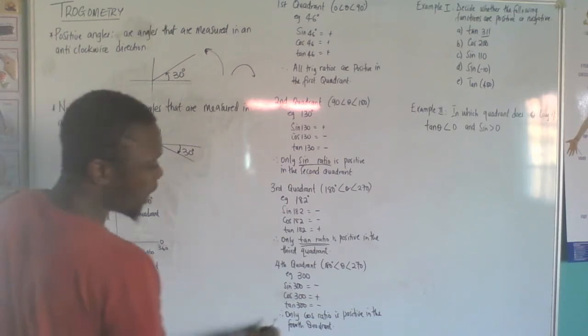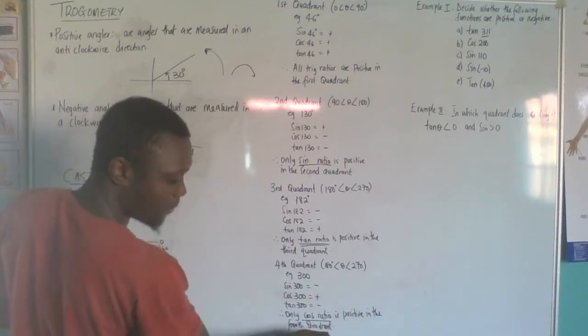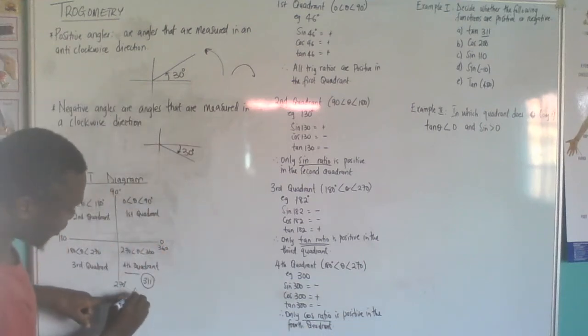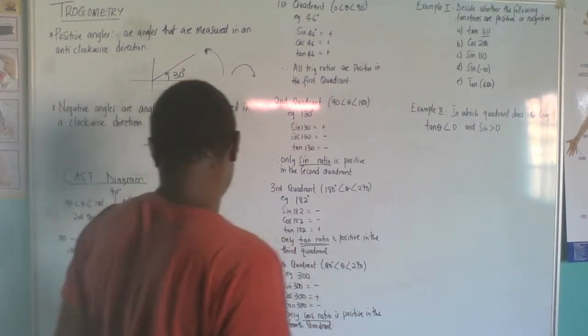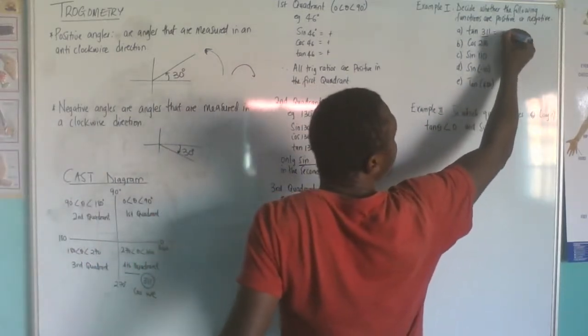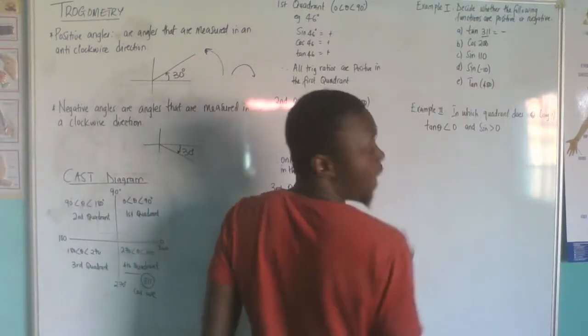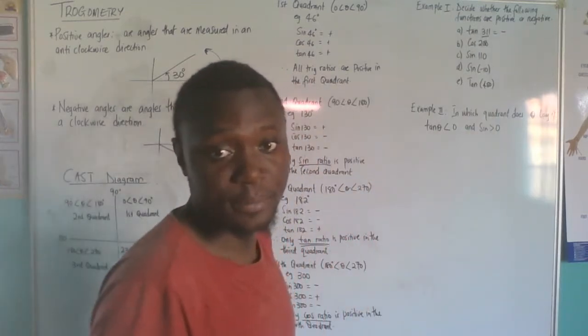From what I know, the cos ratio is positive in the fourth quadrant. Since it's only cos that is positive, this becomes negative because this is tan. So tan will be negative there. Are we together?